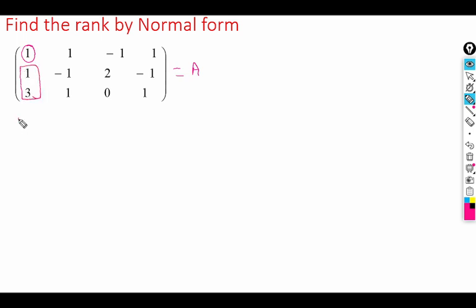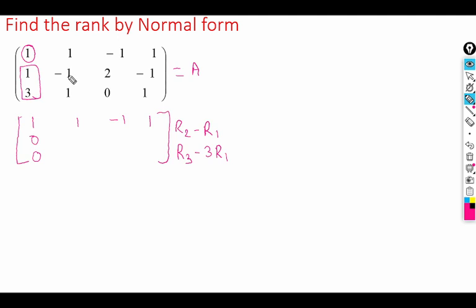So we get a new matrix now, where the transformation to make this 0 is obviously R2 minus R1. Only we use a diagonal element. R3 minus 3R1, that is the next transformation. So matrix A becomes equivalent to this matrix now: 1, 1, minus 1, 1. First row as it is. These two zeros we want.